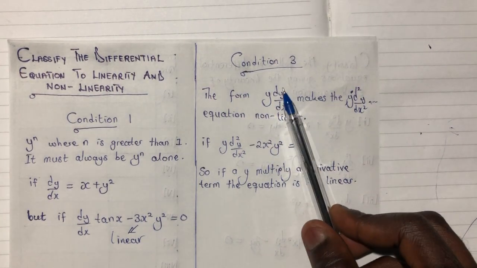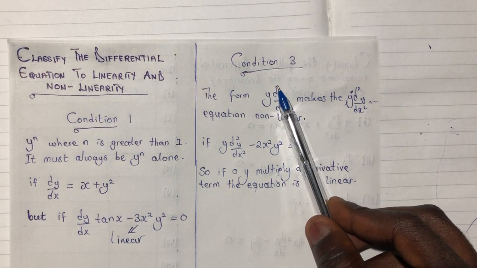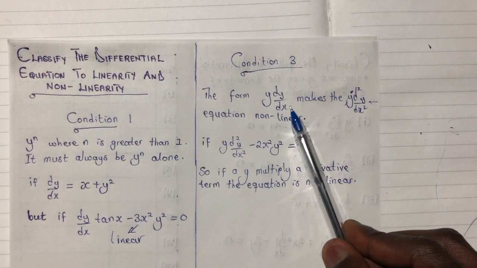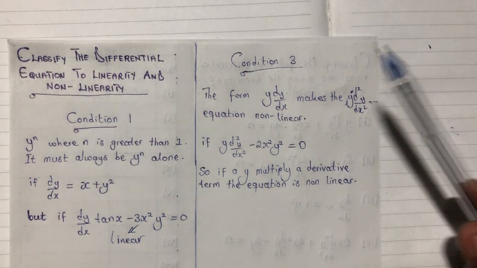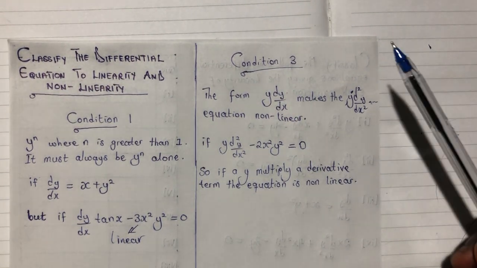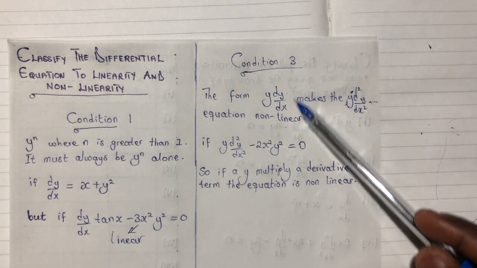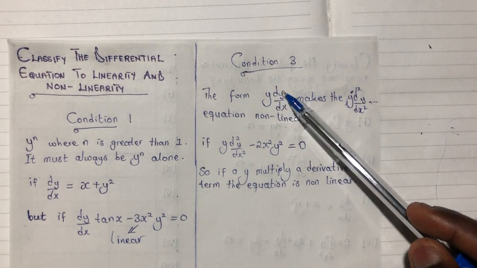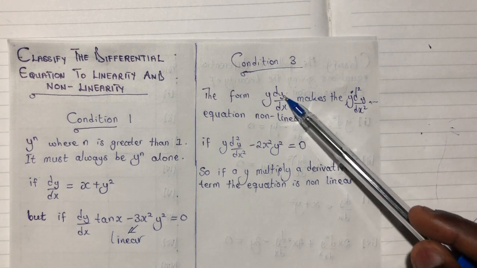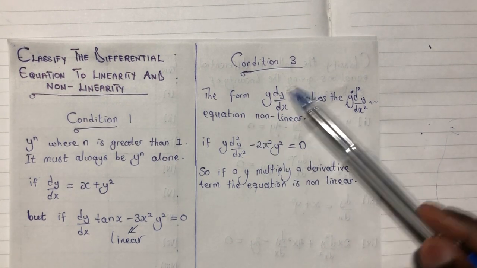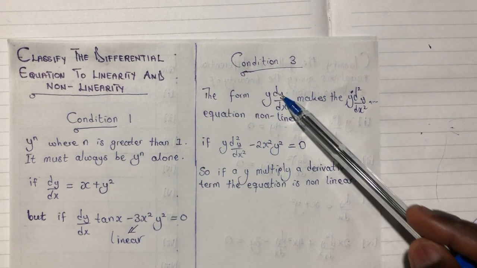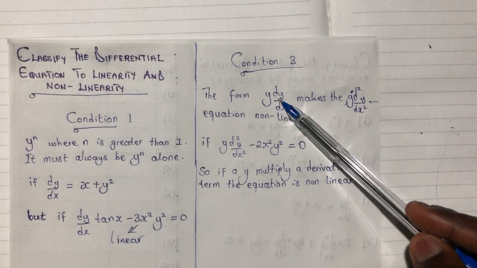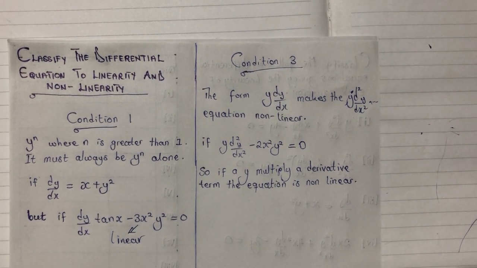It can be y dy d square y dx squared. It can be the fourth order, the fourth derivative, the third derivative, the fifth derivative. No matter the type of derivative here, the number of times this has been differentiated, no matter what it is, so far as y is multiplying that particular derivative, the equation is nonlinear.